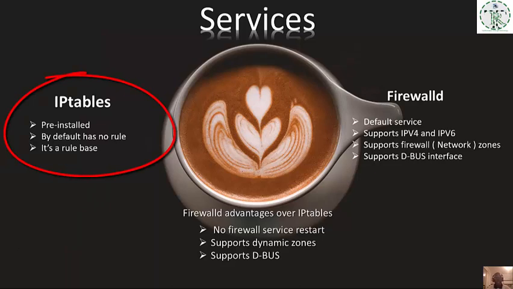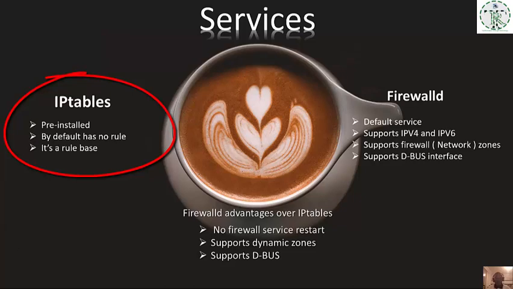IP tables is installed by default once Red Hat Enterprise Server 7 is installed. It has no rules, it's just dumb like NetFilter itself. And it's a rule-based system. When you don't put rules in it, it doesn't work.